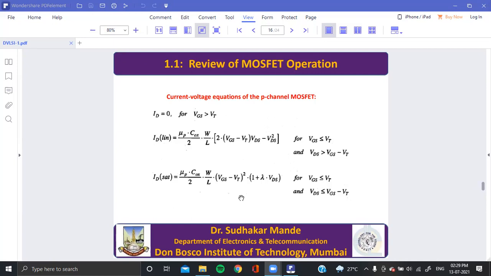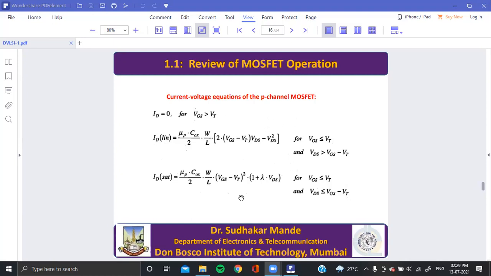Because when we apply a gate to source voltage greater than the threshold voltage, we are creating a channel in the substrate. That channel connects source and drain together, and therefore any small voltage applied between source and drain will drift electrons from source to drain, and hence the MOSFET turns on. MOSFET operation is divided into three regions.